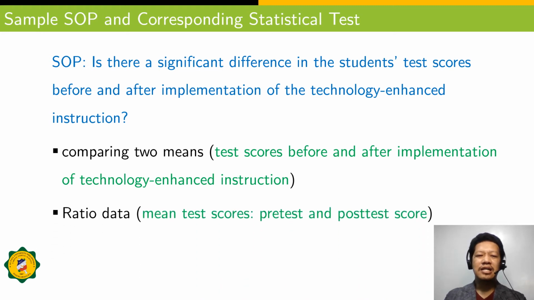Our data are mean test scores, the pre-test and post-test scores, which are numerical or in ratio level. Since they are taken from just one set of students, we have what we call before and after, getting from the same set of students or students in the same class. And we have the paired samples t-test.